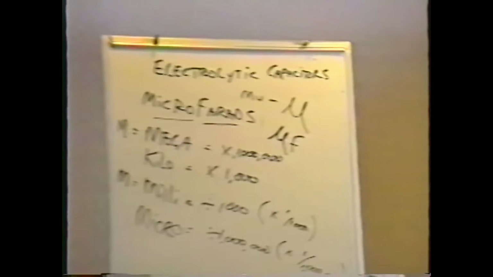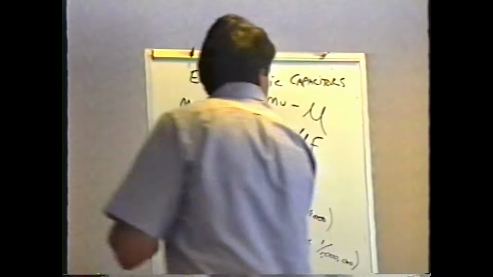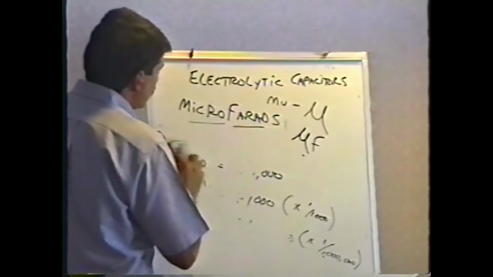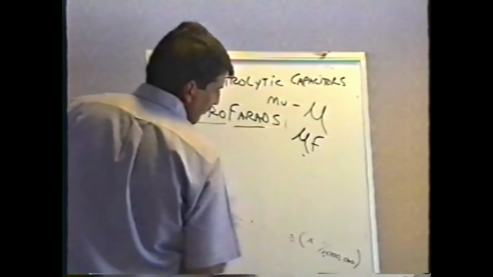And if you look at the capacitor, like for instance this larger capacitor that I have here, 3,300, you see the Greek letter mu, 3,300 microfarads. So you see the term microfarads abbreviated with the Greek letter mu. Anytime you see the mu in front of something, it means micro.